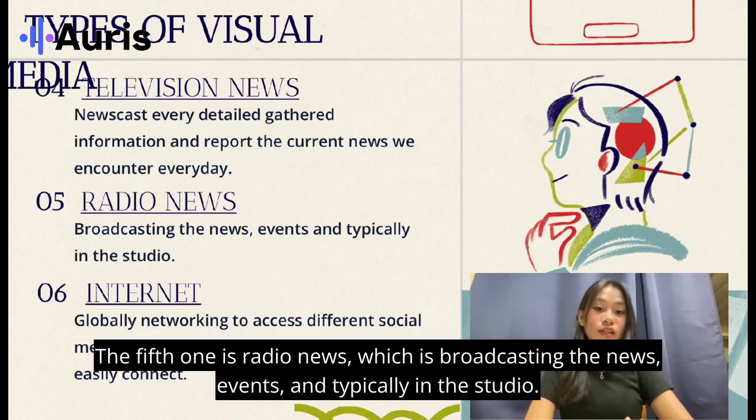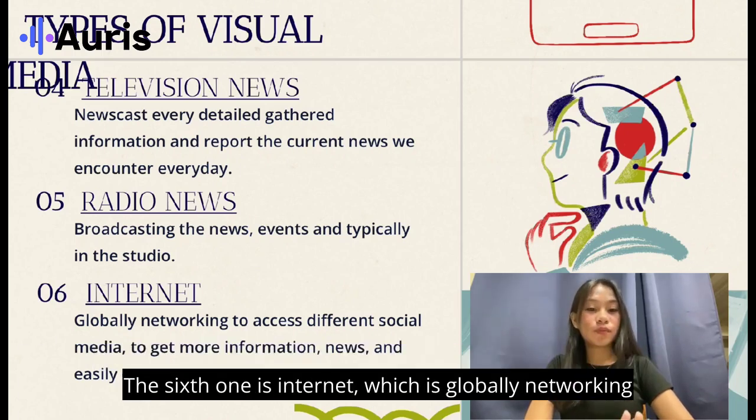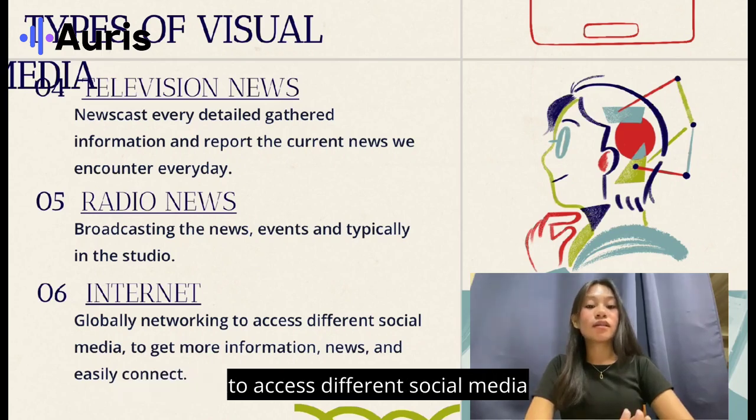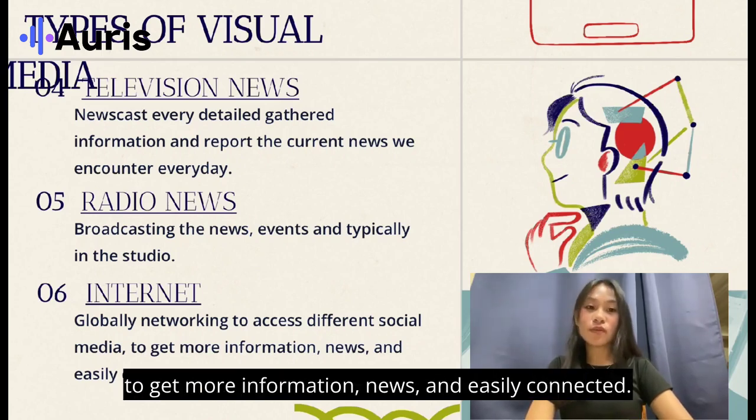The fifth one is radio news, which is broadcasting the news, events, and typically in the studio. The sixth one is internet, which is globally networking to access different social media to get more information, news, and easily connected.